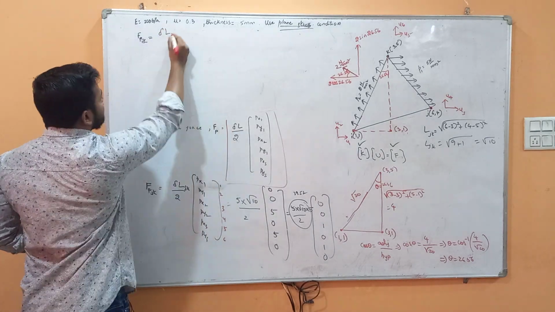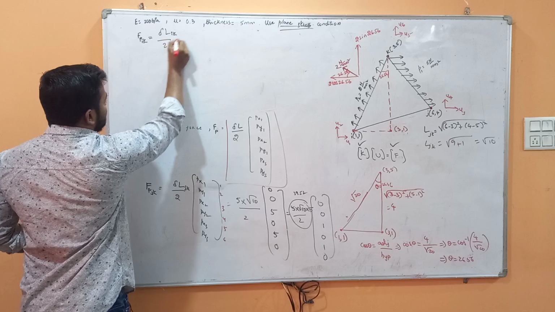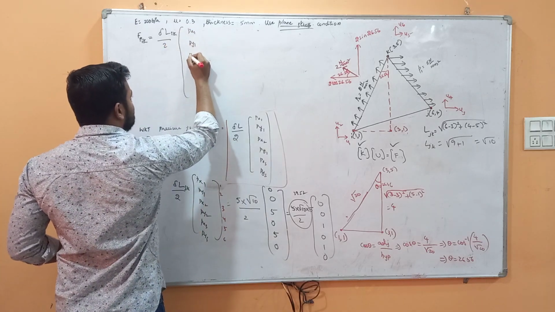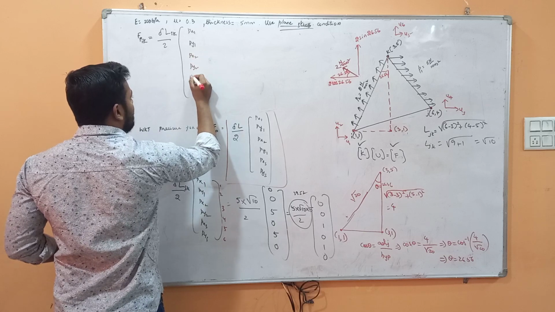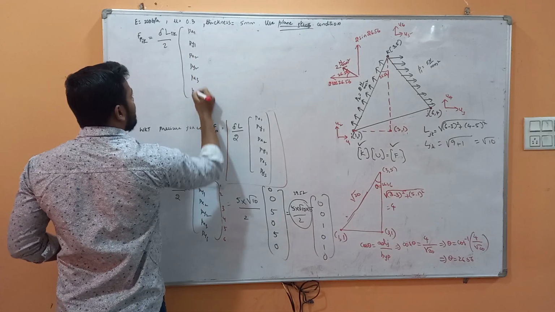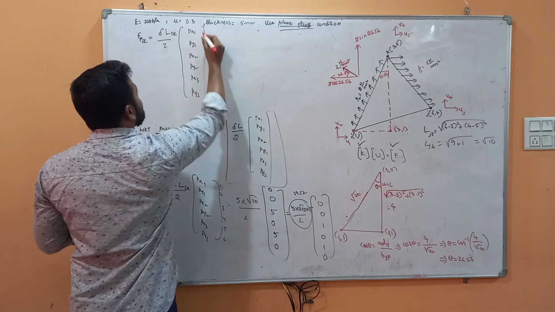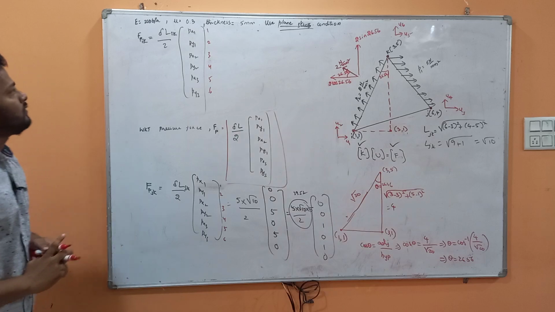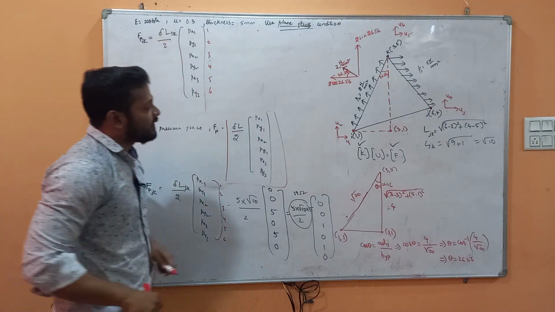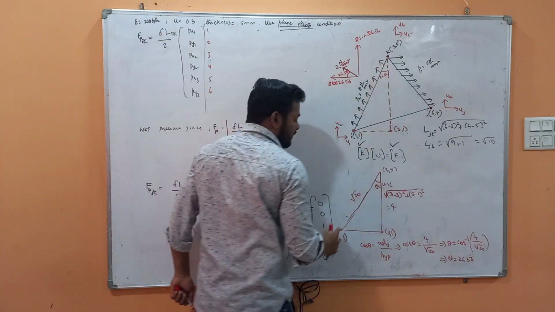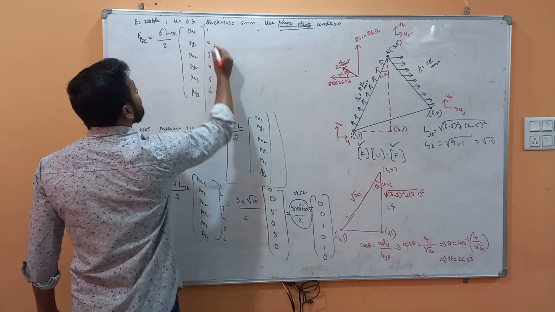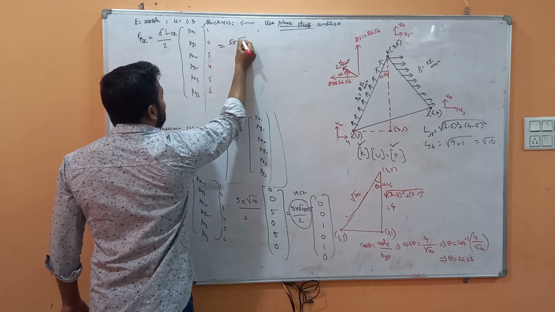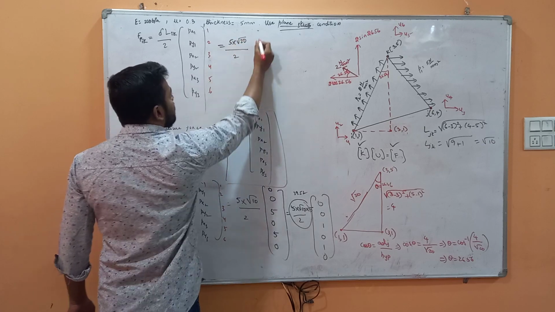Now we have to take the length of IK by 2, and remaining everything is the same: px1, py1, px2, py2, px3, py3, which are 1, 2, 3, 4, 5, 6. I have to find the length of IK, which I already got as root 20. Delta is the thickness given in the question, so 5 into root 20 by 2.